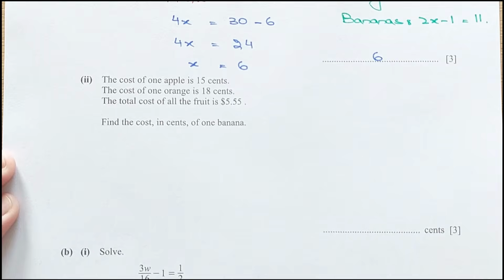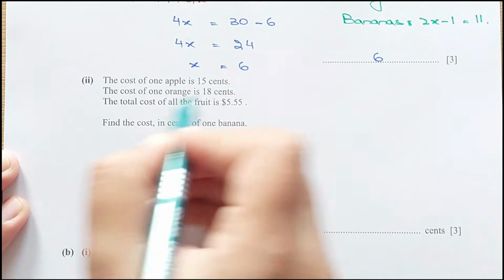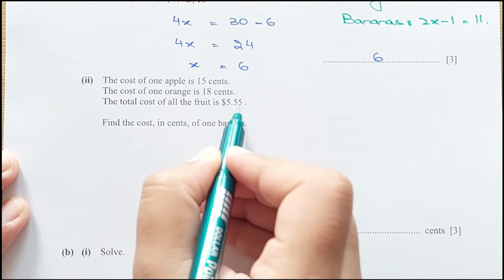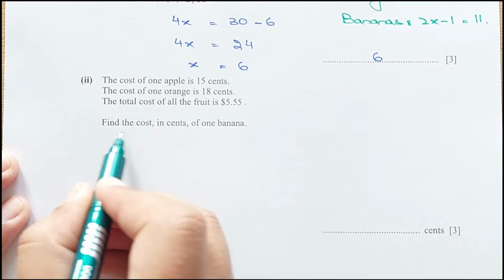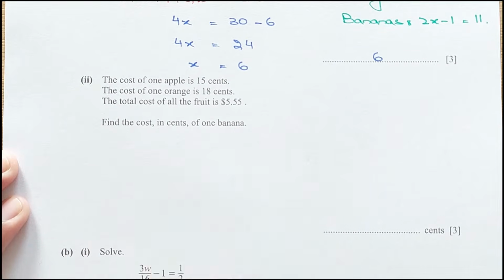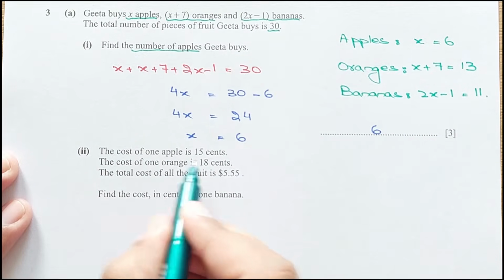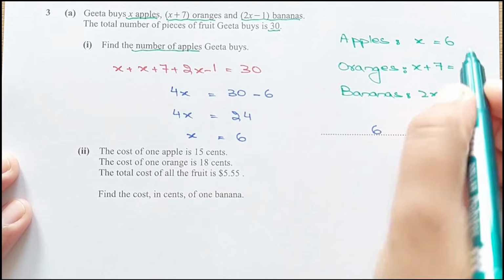Now for the second part, the cost of one apple is 15 cents. The cost of one orange is 18 cents. The total cost of all fruit is $5.55. Find the cost in cents of one banana. Okay, so the cost of all fruit, right? If one apple costs 15 cents, what is the cost of 6 apples?